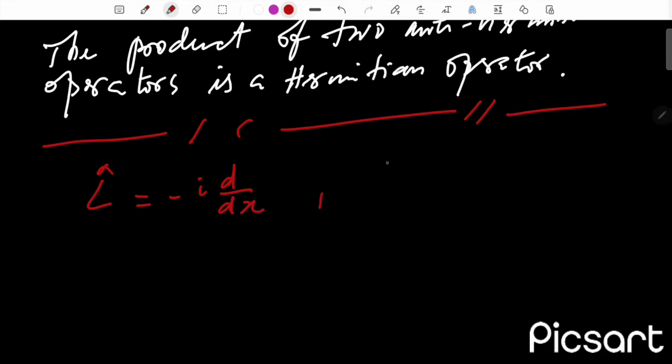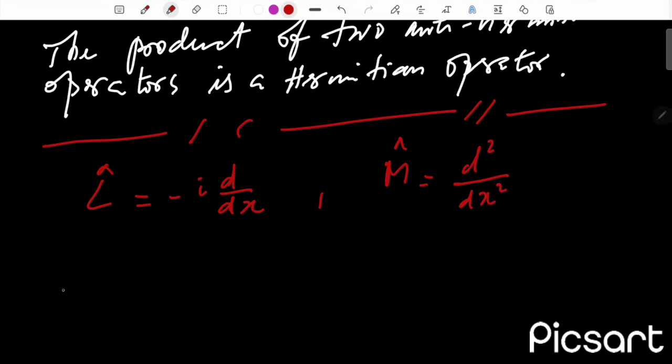These exercises are very simple if you watch the previous video where we talked about the conjugate operator. If you didn't watch it, I advise you to watch it now and then go on watching to solve these two exercises.